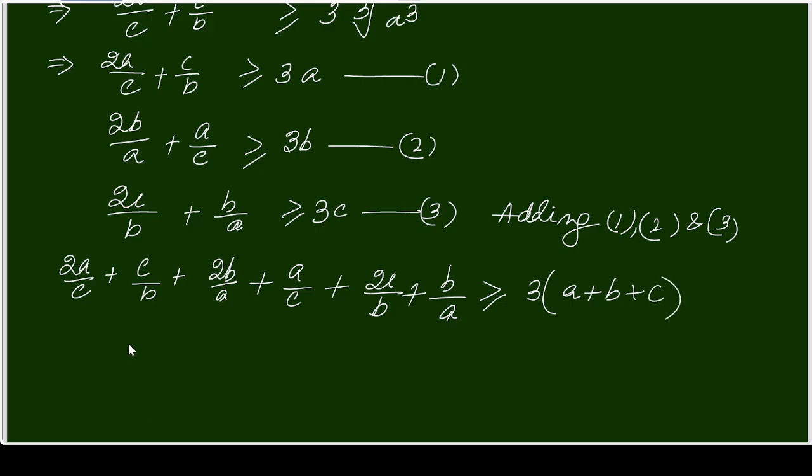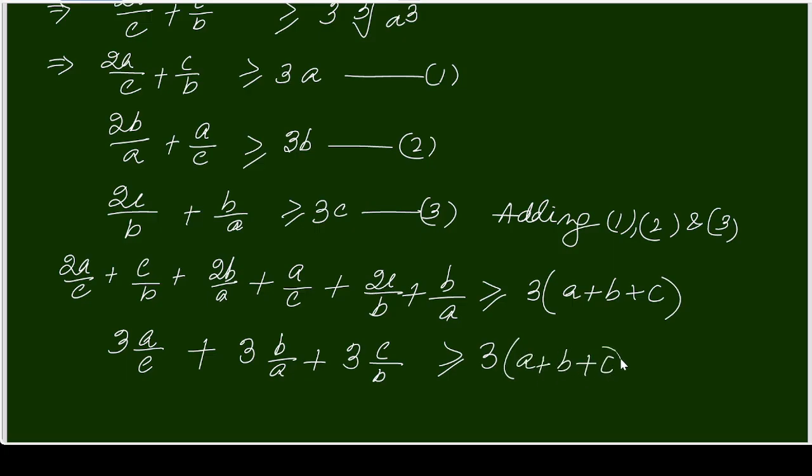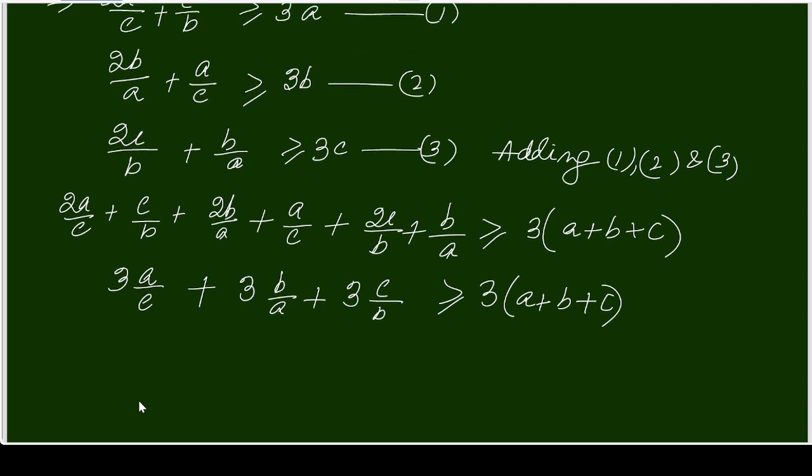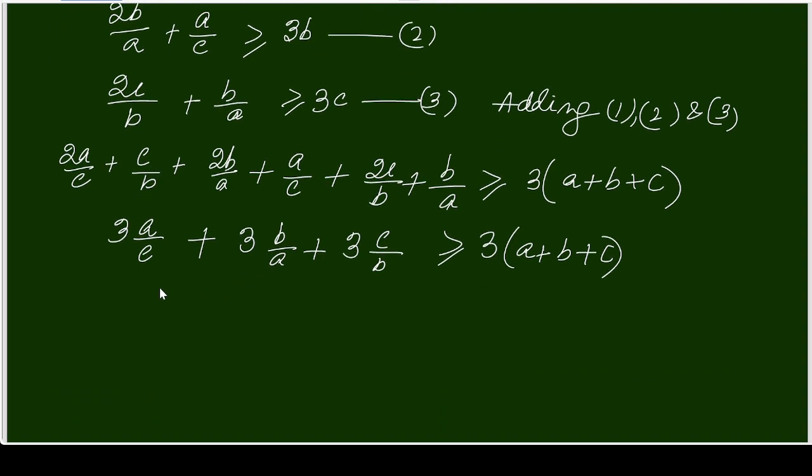And this left hand side is nothing but 3 times a over c plus 3 times b over a plus 3 times c over b, which is greater than or equal to 3 times a plus b plus c. So cancelling 3 from both the sides, we are getting a over c plus b over a plus c over b is greater than or equal to a plus b plus c. Hence proved.